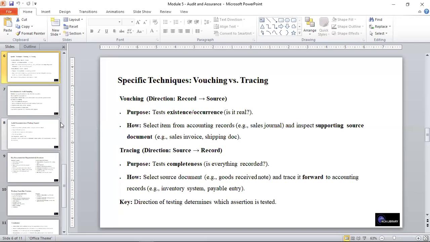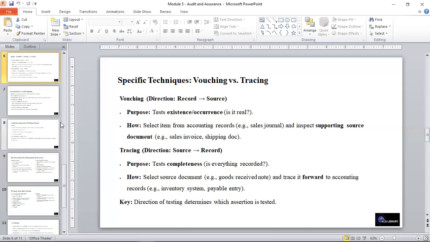And for tracing, which is from source to record, the purpose is to test completeness, that is, is everything recorded.